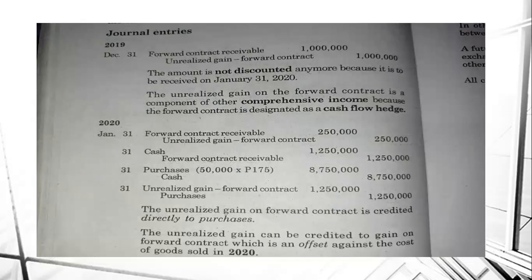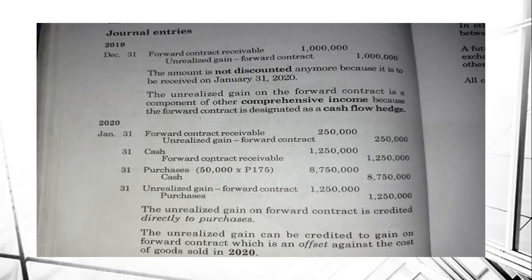So on December 31, you have a receivable of 1 million because the market value increased. So debit forward contract receivable, credit unrealized gain on forward contract. The amount is not discounted anymore because it is to be received on January 31, 2020. It is not discounted because it is due next month.